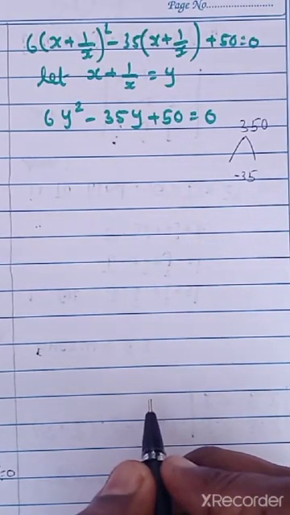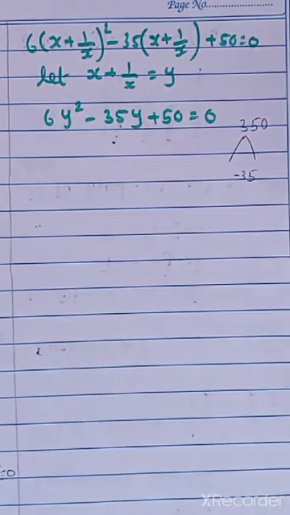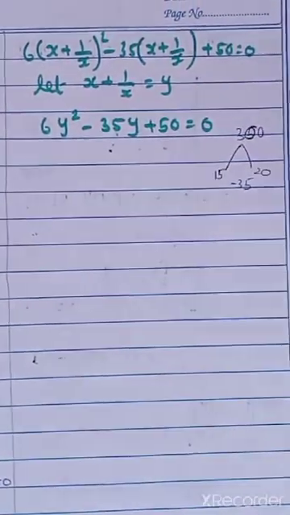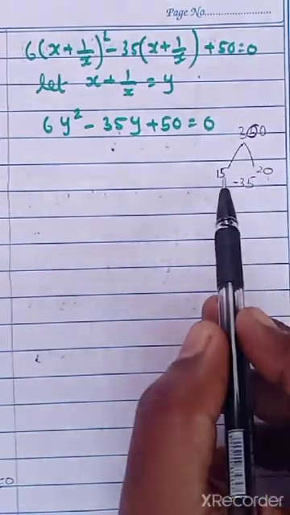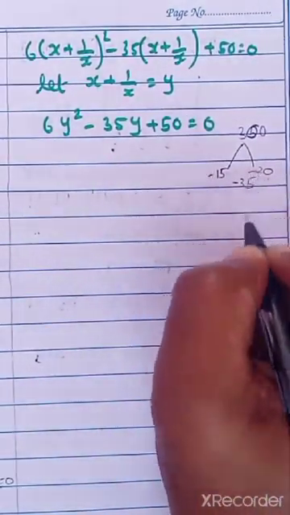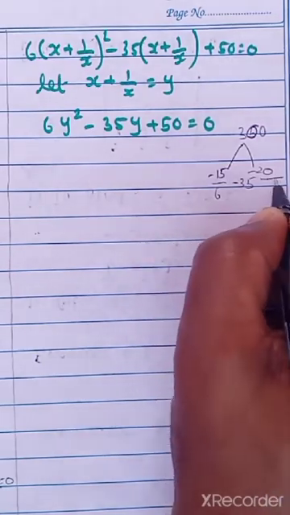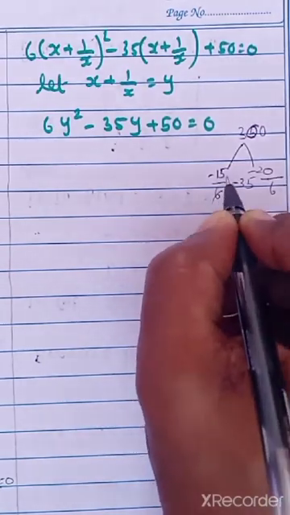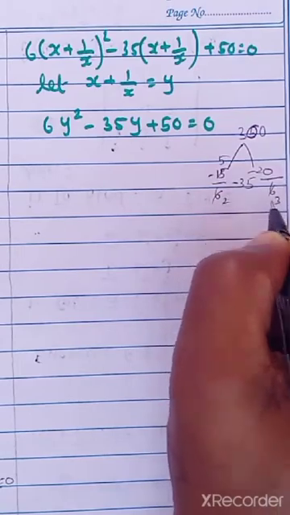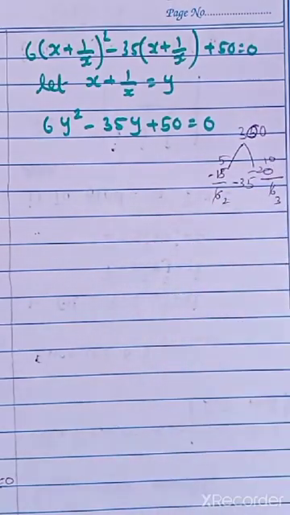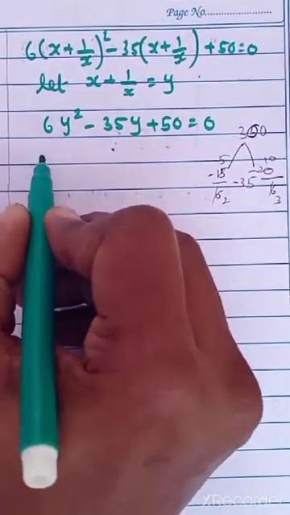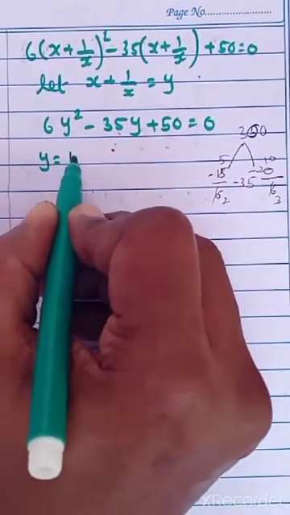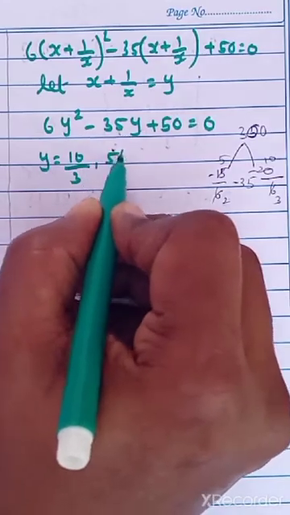So what are the two numbers we can put here? 15 into 20 is 300 and if we add these two we get 35. So divide by 6, 1 2 3s are 6, 5 3s are 15, 3 2s are 6. Okay, so we can write this as the y value directly. So y value equal to 10 by 3, 5 by 2.